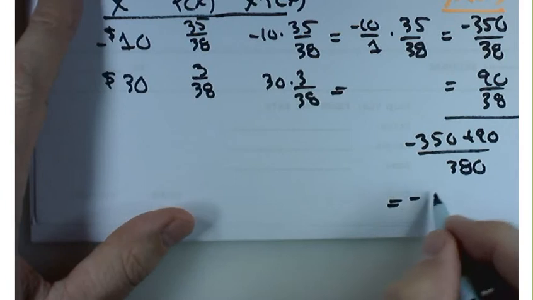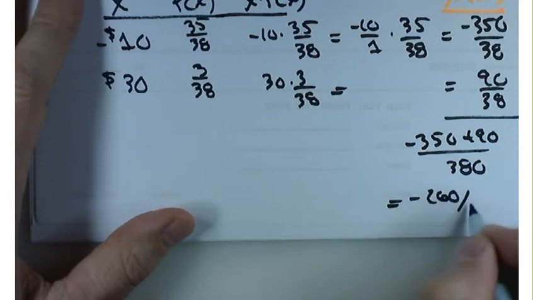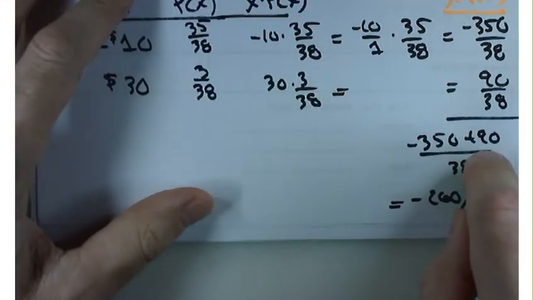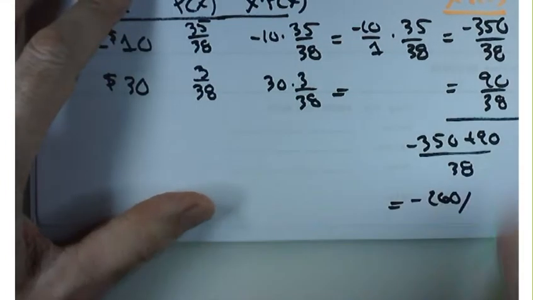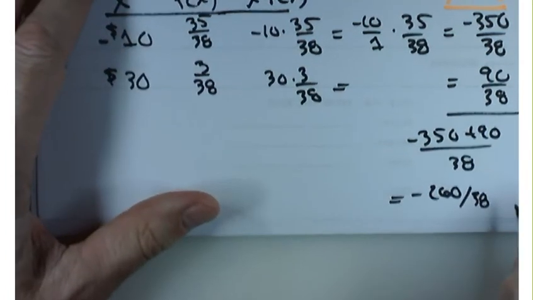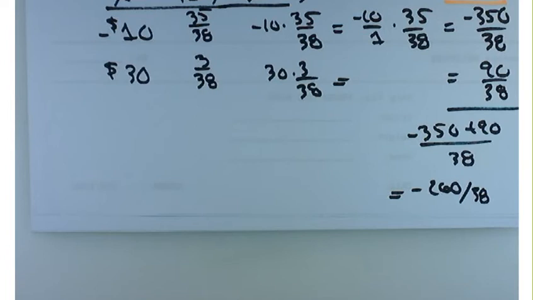So negative 260 over, it should be 38, not 380. Let's take care of that. A little Photoshop. There you go. Never happened. 38. And that should be a little bit over, it's just 6 something. So let's see here. 260 divided by 38.